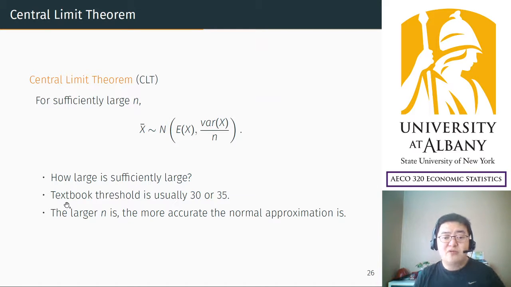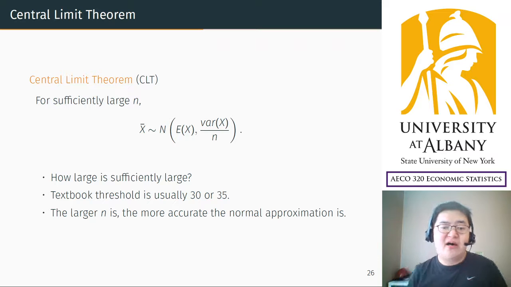But in textbooks, the threshold is usually set at 30 or 35. So if your sample size is 30 or 35, then you may approximate the sampling distribution to a normal distribution. But this is just a bare minimum. These days, in the big data age, 35 is nothing.